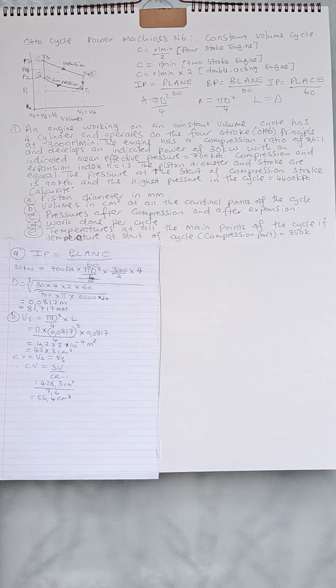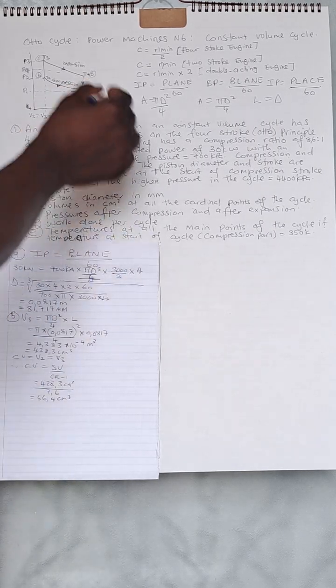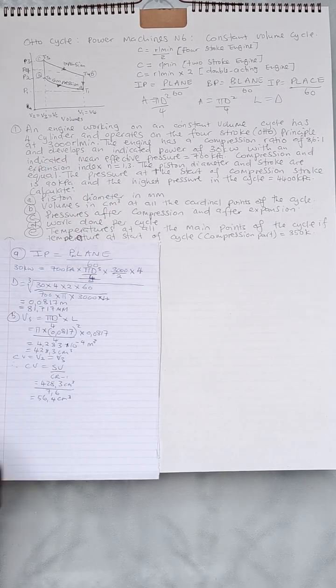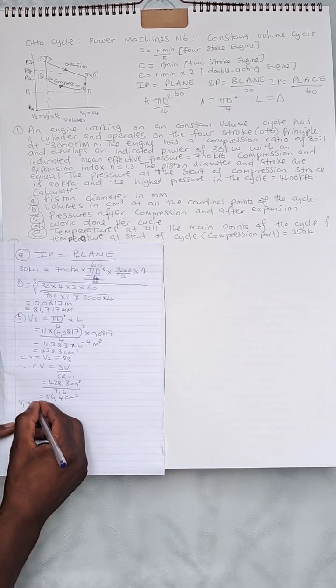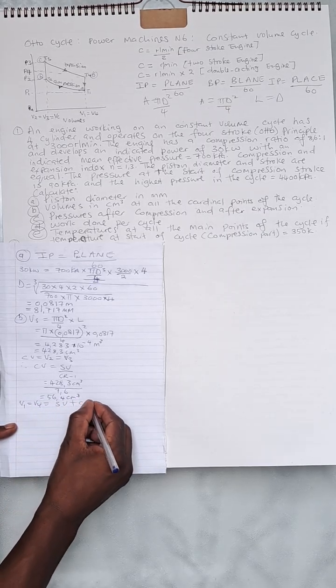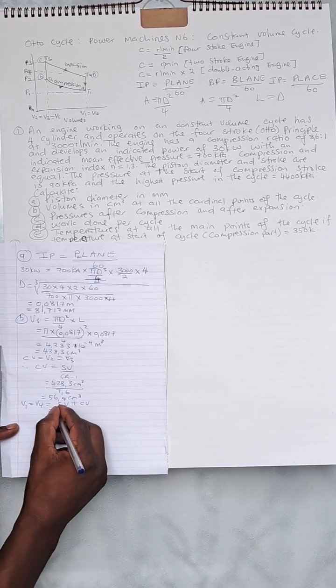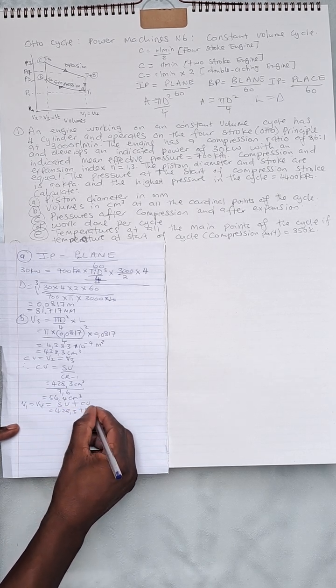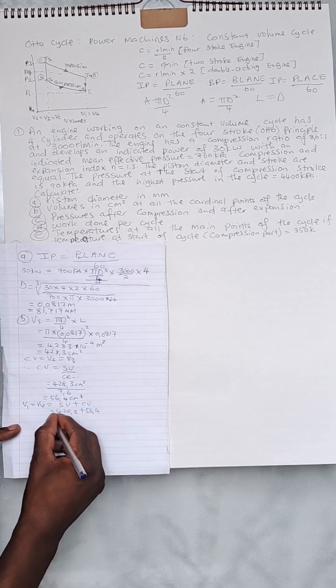So what is left is for us to get our V1, but we said earlier on, our V1 is equal to our V4. How do we get it? It's SV plus our clearance volume. SV 428.3 plus 56.4.